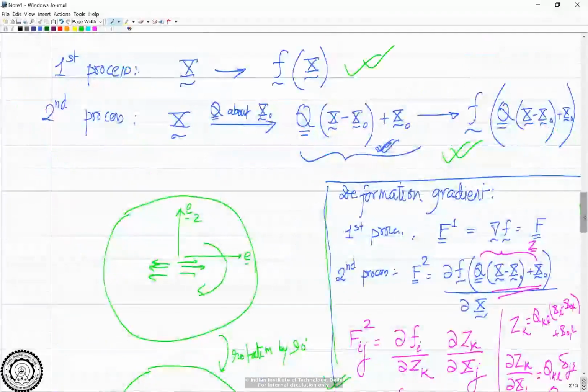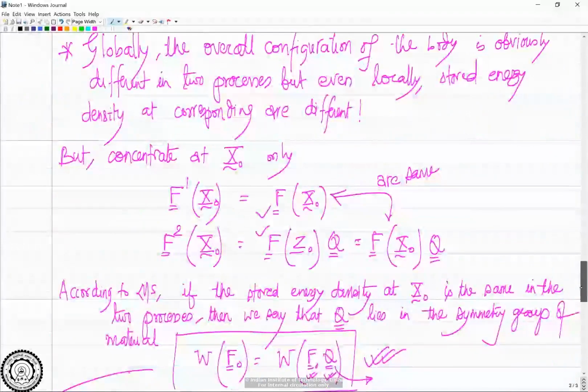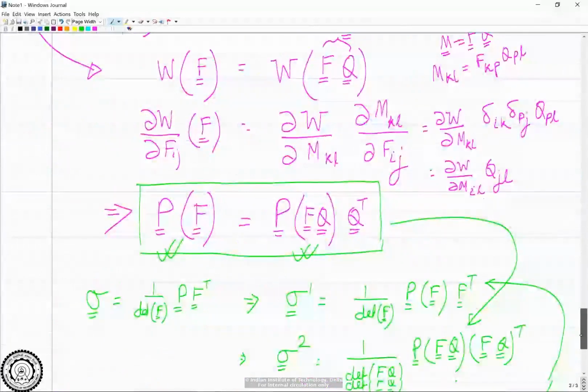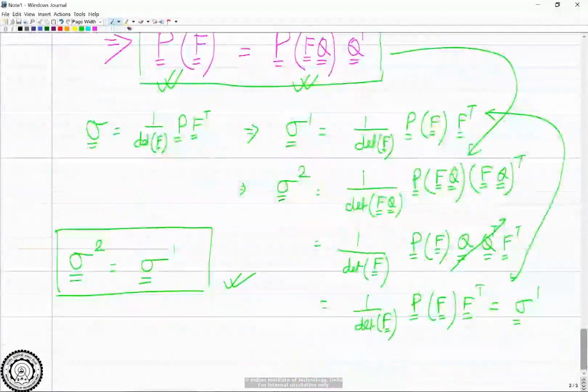So the Cauchy stress tensor is the same in the two processes. This is quite magical, at point x naught.